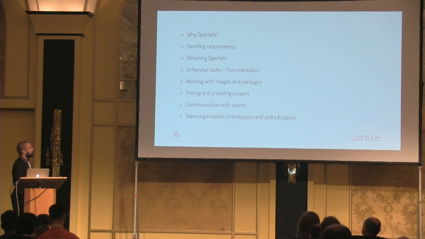You have to know how to work with images and packages. Customers will surely have their own versions of packages, and ask you to create them or modify existing packages. After that, testing and providing support, adding new features, and debugging.